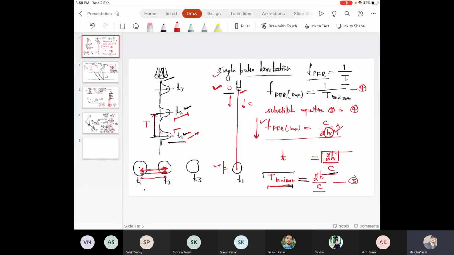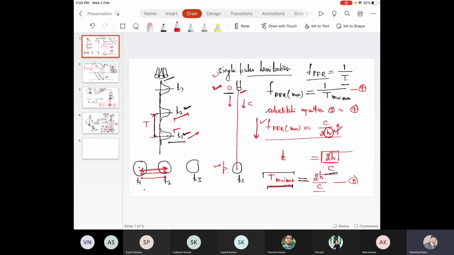Sir, if we decrease the flying height, then the quality of data will be decreased. Isn't it so, sir? No, it will increase. Listen carefully to what I told.